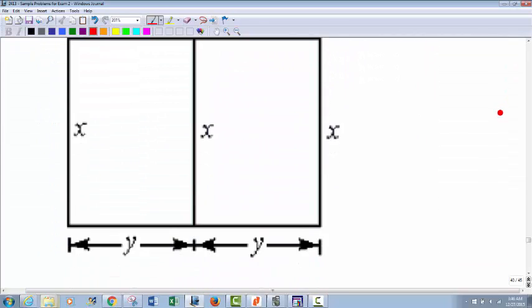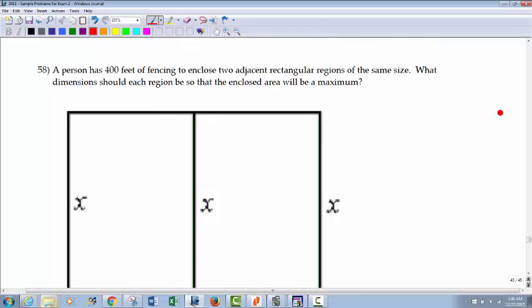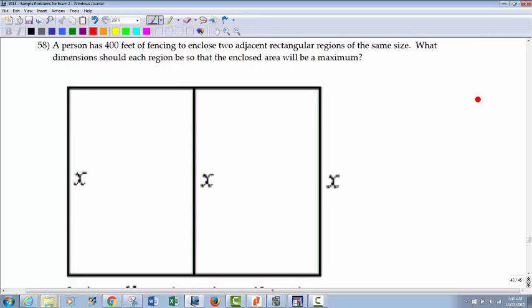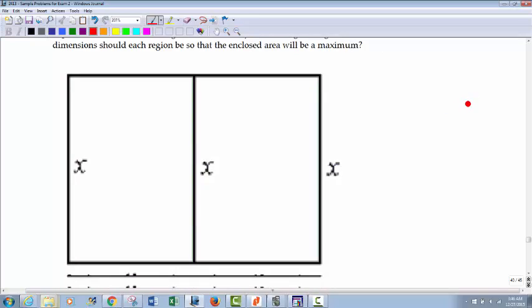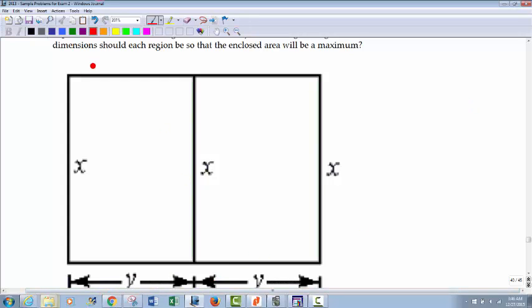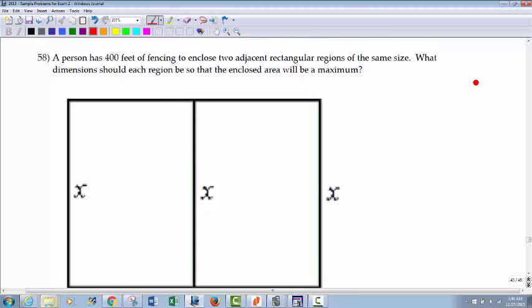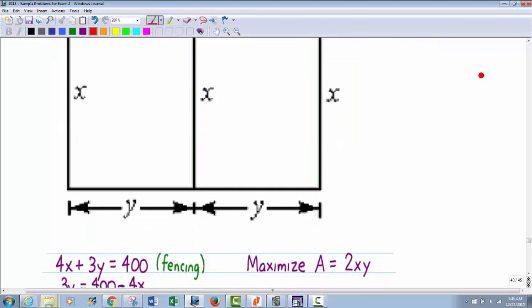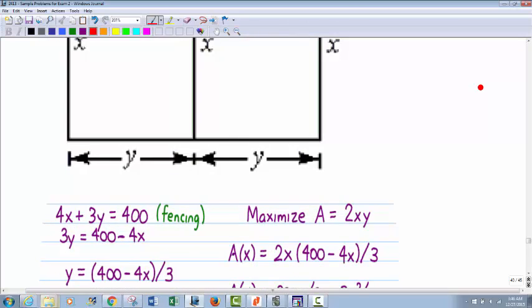All right, here's one where we've got two adjacent pens. I believe I have one just like this in my notes. This is labeled with x's and y's. Even though you see y's up here, when you're talking about the perimeter, there are two y's on top. But the area is just 2xy.